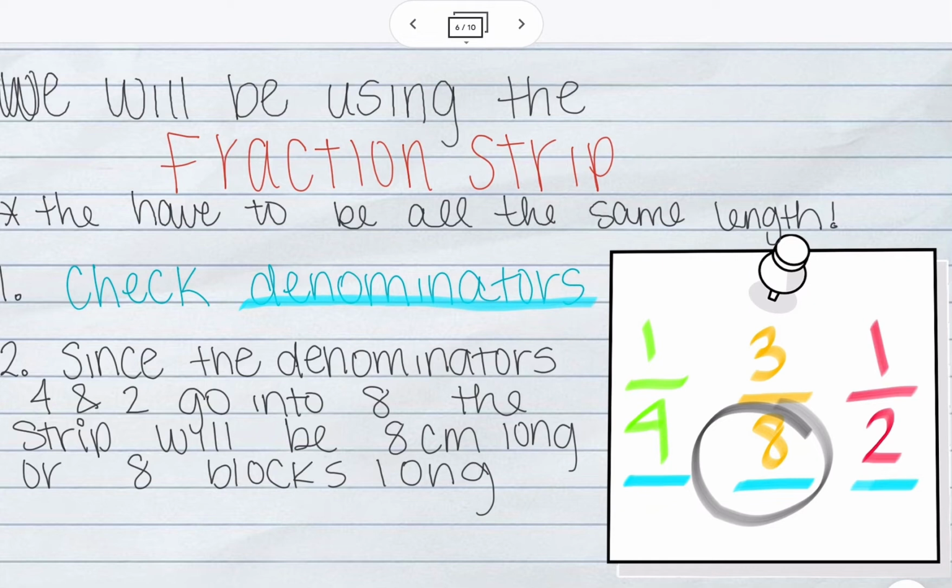And since the denominators 4 and 2 go into 8, it's perfect for the fraction strip. And since we are using 8, you can either use a ruler and do 8 centimeters, or you can do on grid paper, you can do 8 blocks, and we are going to do the 8 blocks today.